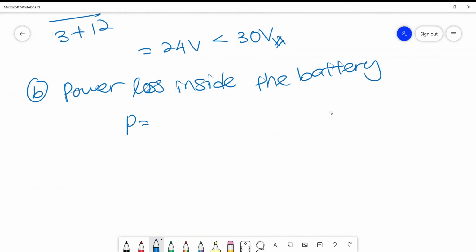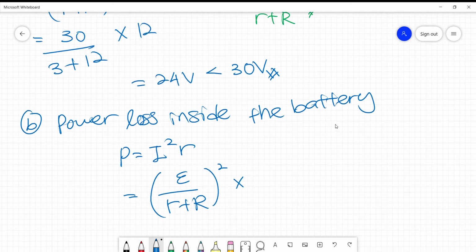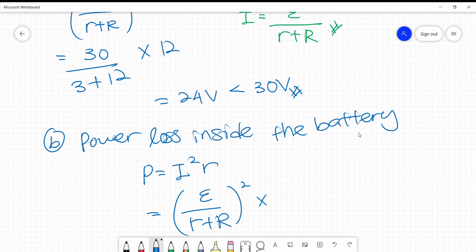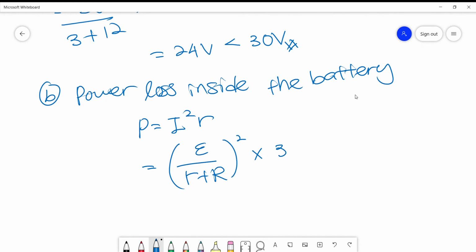The power loss inside the battery is P equals I squared r. I is E divided by R plus r, and r is the internal resistance, which is 3. I should keep this one as r first.